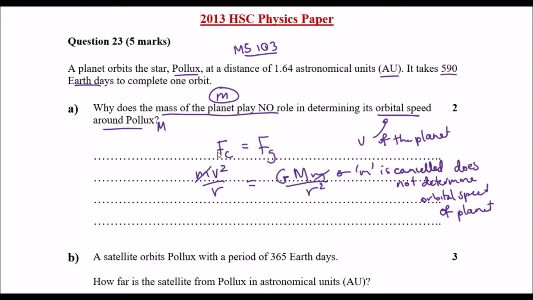But we can go further. We can actually try and solve for this whole equation. So get v squared equals r times that over, cancels out with this r here. So we get GM over r, and then that gives us v equals the square root of GM over r.